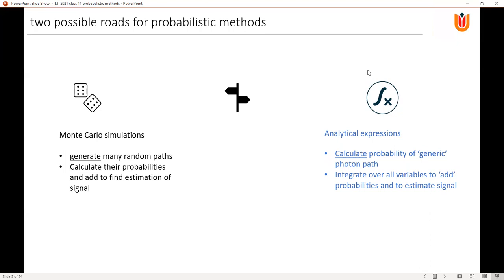So a photon path, let's say, that contains a certain length and a certain number of scattering events, and then integrate over all the variables, so the number of scattering events, the lengths, etc., to get an estimate of the signal. So basically, this is letting the computer do the work, and that would be trying to do the work on paper for as far as you can get. So we've discussed this, and what I want to do today is basically try to explore how far we can get. Exploring is not really far, but still to get.